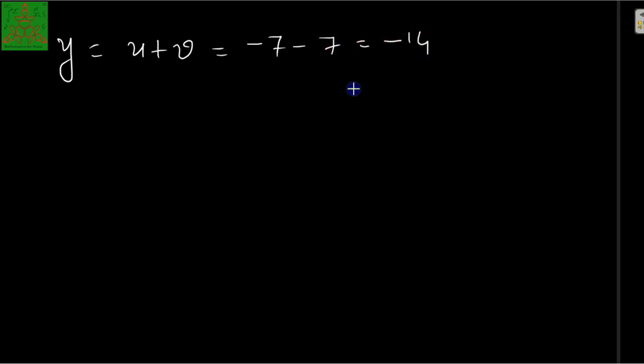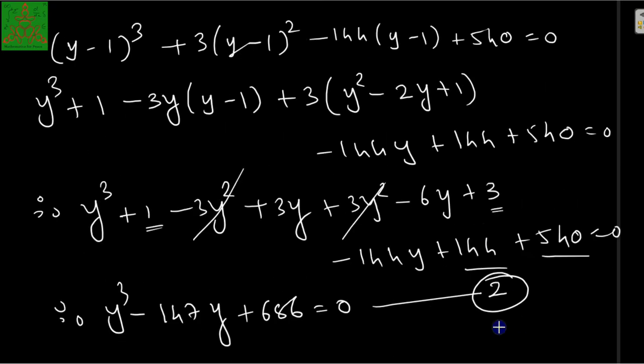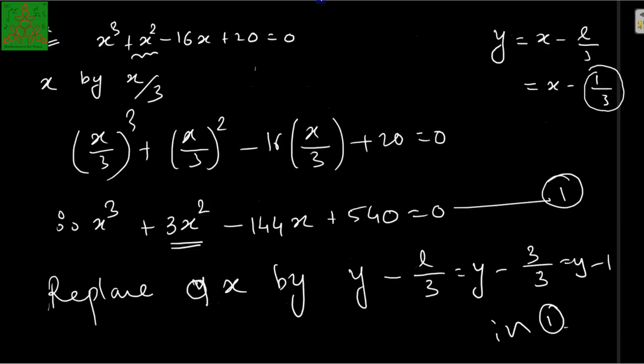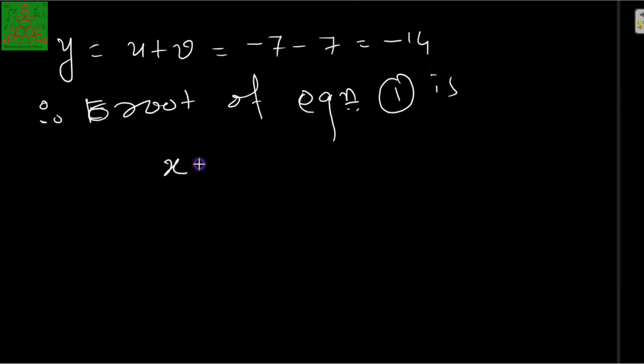The root of equation 2 is minus 14, and the root of equation 1 is related with x by replacing y as x plus 1, so x is equal to y minus 1, that is minus 14 minus 1, that is minus 15, is one of the roots.